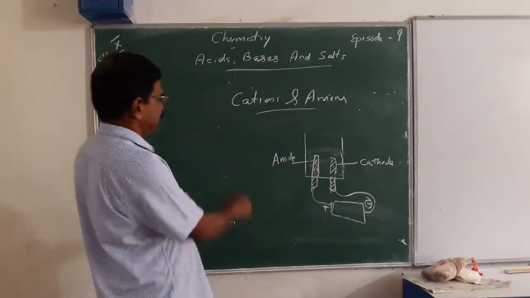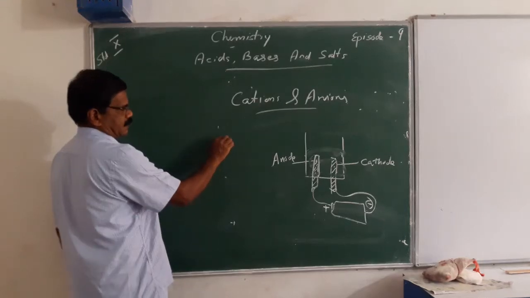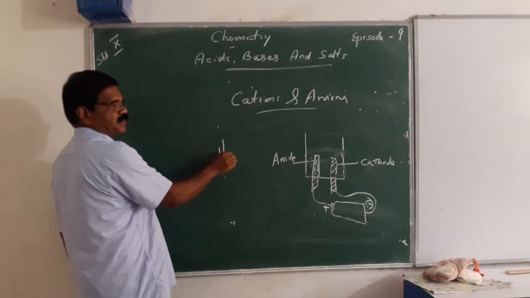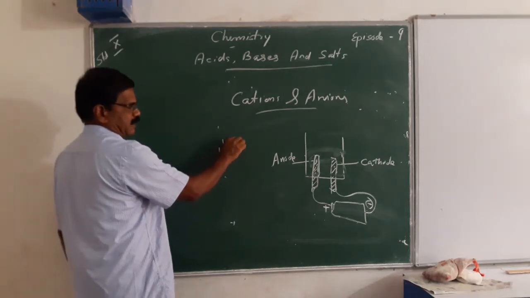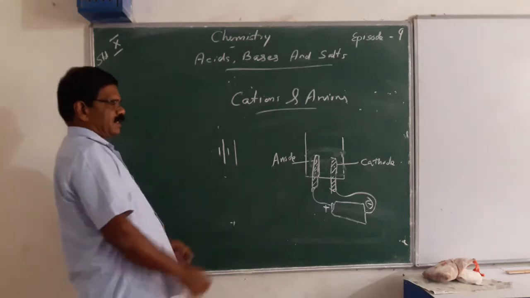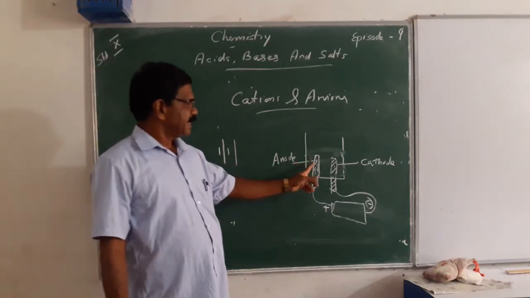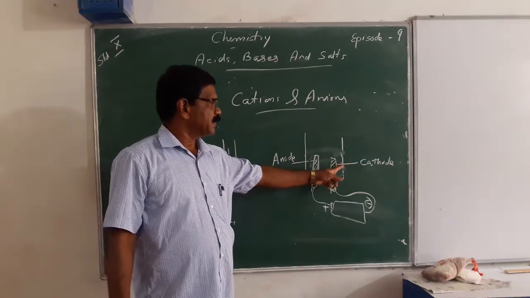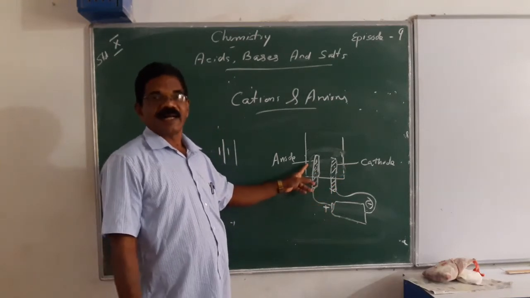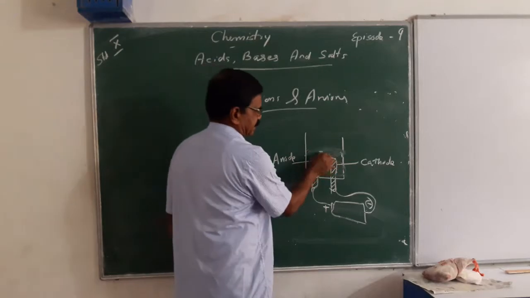The symbol of a cell is like this. This is the negative pole, this is the positive pole. If two cells are used, this is the negative pole and this is the positive pole. The electrode connected to the negative pole is called the cathode and the electrode connected to the positive pole is called the anode.